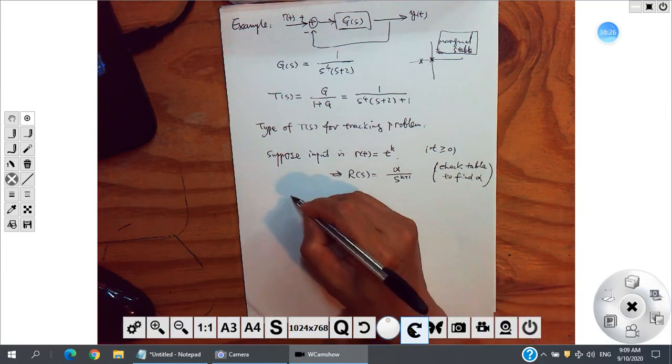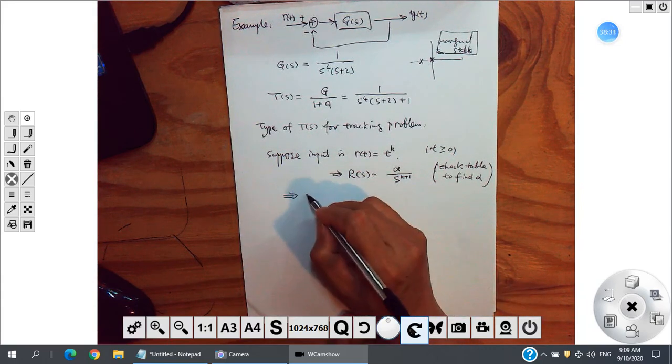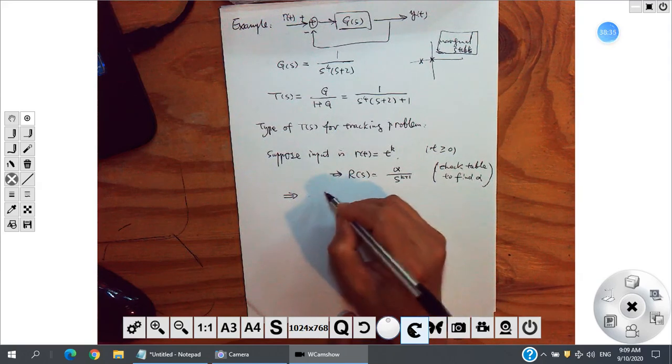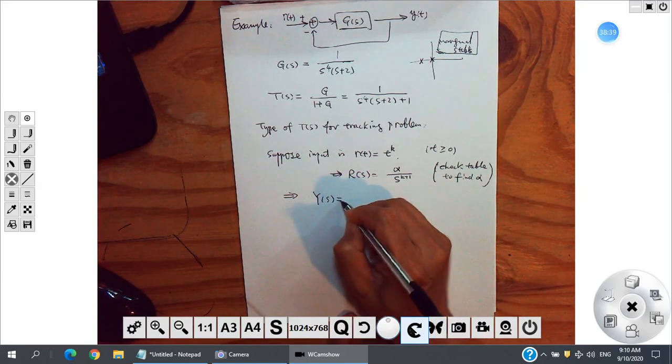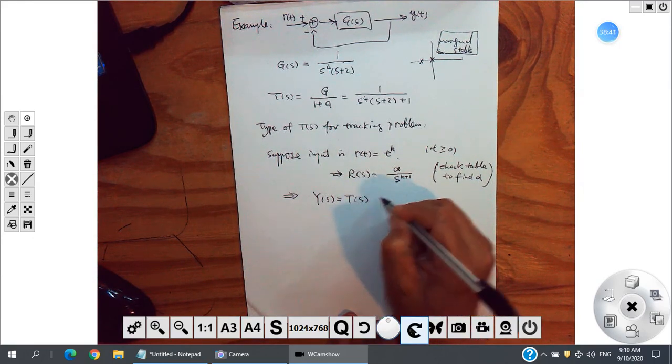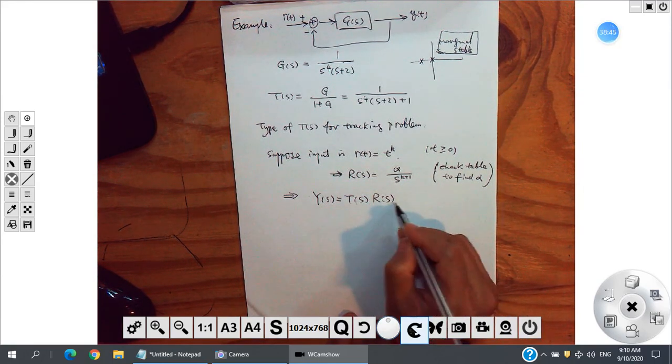So we have E(s). Now we want E, which is R minus Y. So we find Y first. Y(s) is T(s) times R(s), the transfer function times the input. So we have the output.